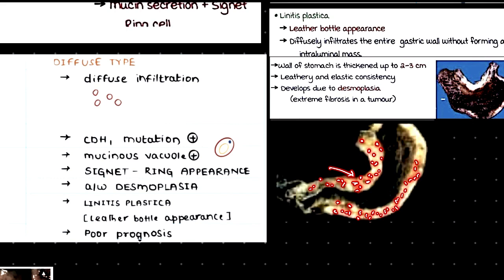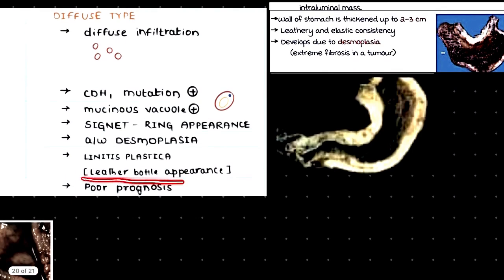As it is so thick, there will be leather bottle appearance, and that is what we call linitis plastica, right? So this linitis plastica, which is leather bottle appearance, is also so important. And here we can see that there will be growth of fibrous or connective tissue also, and that is what we call desmoplasia.